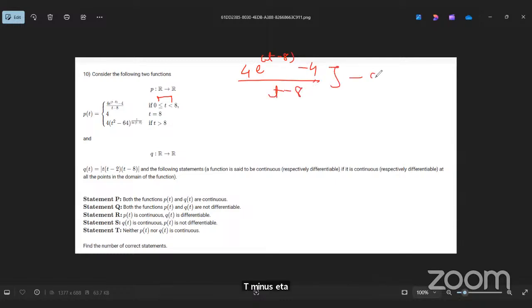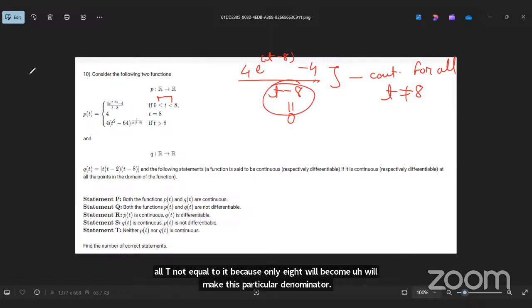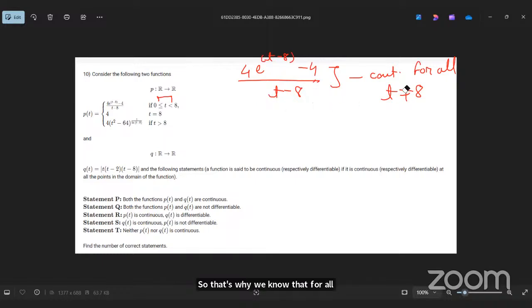This function will be continuous for all t not equal to 8, because only 8 makes the denominator 0. So for all t except 8, this expression gives us a continuous function. And at t equals 8, we have a constant function, so we'll take this information afterwards.